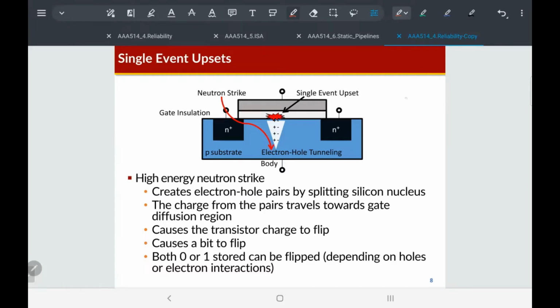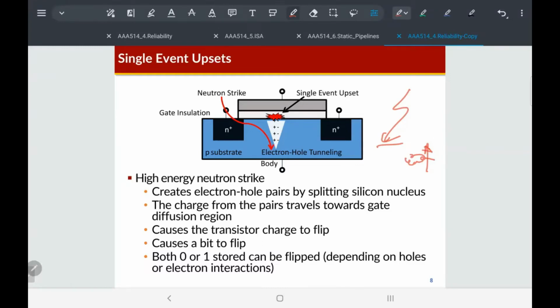And then if these particles hit the transistors or some memory devices, the amount of charge can be changed. And if the charge is changed and exceeds some threshold level, then the data inside of these processor chips or memory devices can be changed.